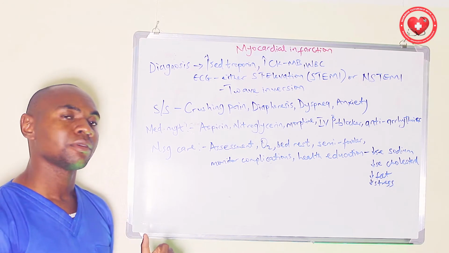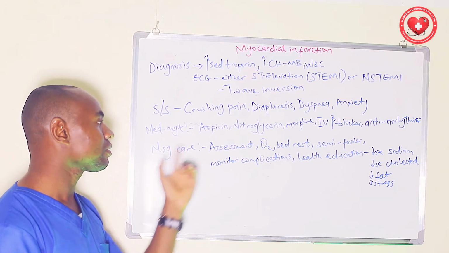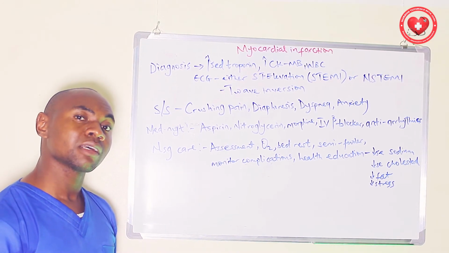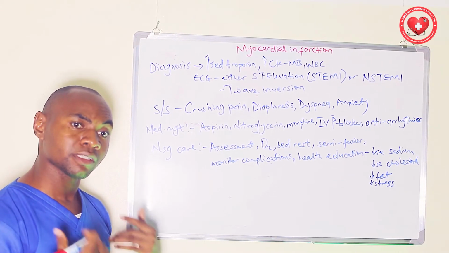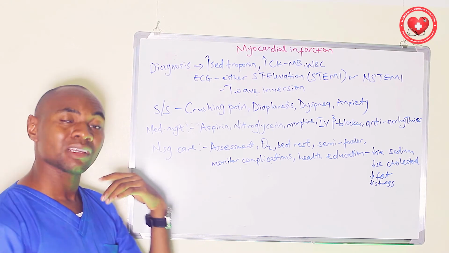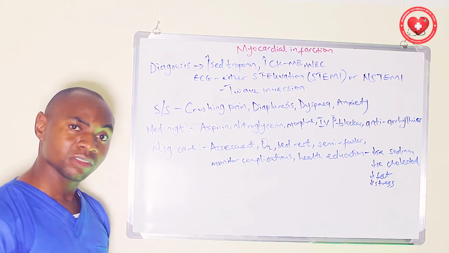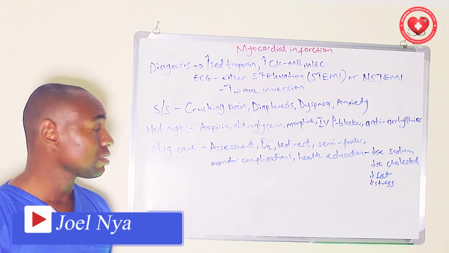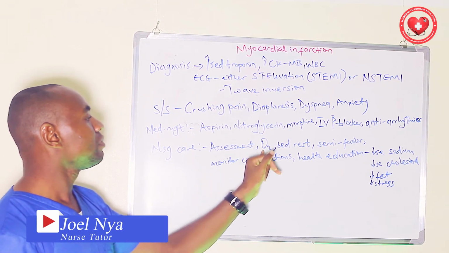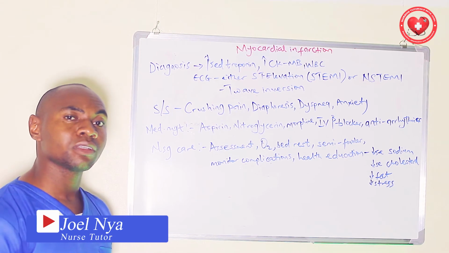Nursing care regarding myocardial infarction. First of all, you assess the nature of the pain. You listen to the patient. Then also you assess the vital signs, monitoring them on a regular basis to check for abnormalities. Administer oxygen, 2 to 4 liters.